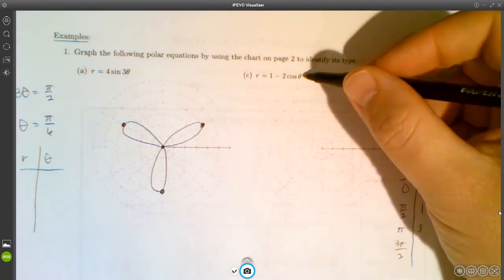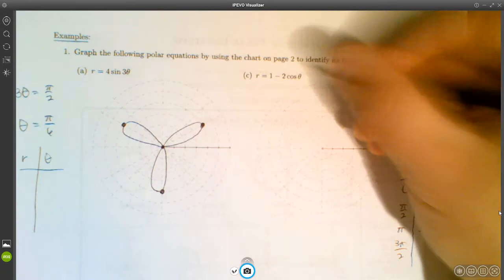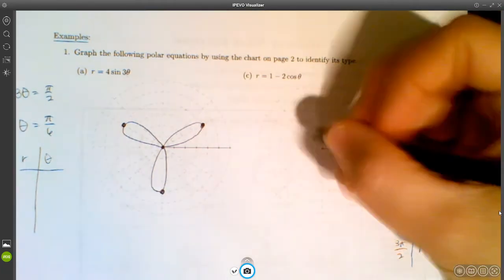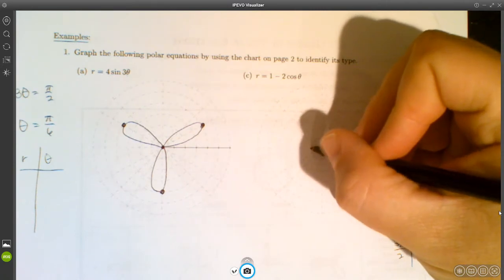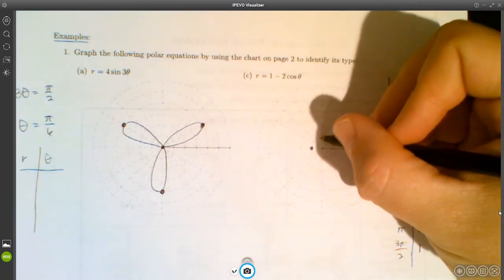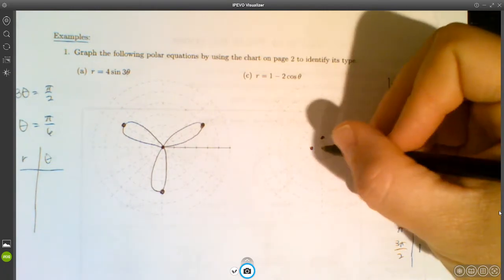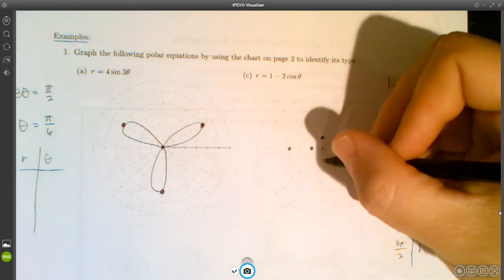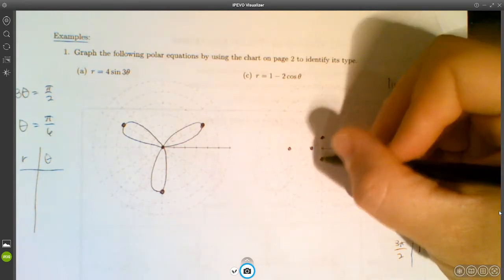And then at 3 pi over 2, cosine is 0 again, so I'm going to be back to 1. So let's plug in those things. I have 0, negative 1. Then I have pi over 2, 1. Then I have pi, 3. And then I have 3 pi over 2, 1.